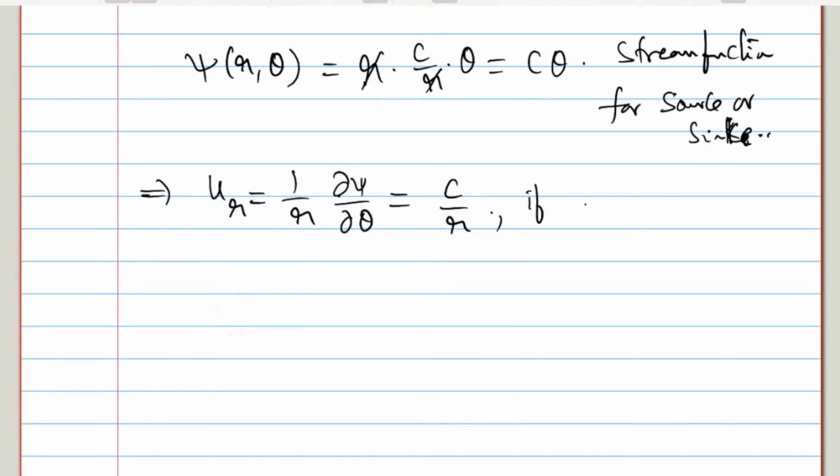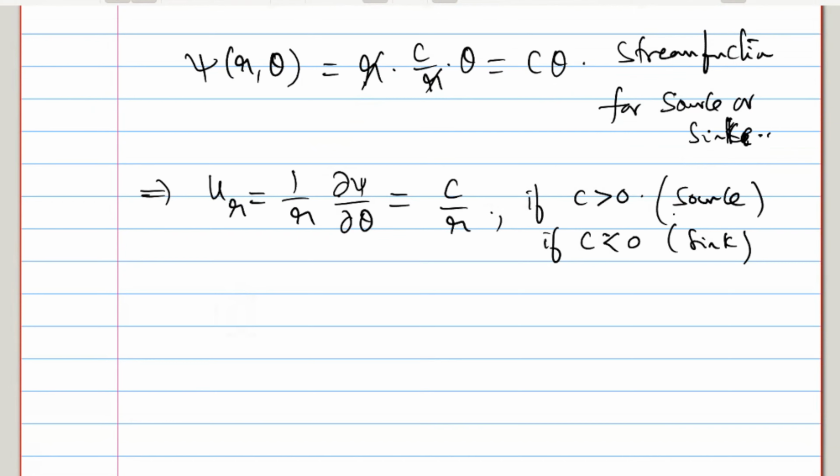So if c is positive, it is going outward. That is source. If c is negative, this is sink, isn't it?